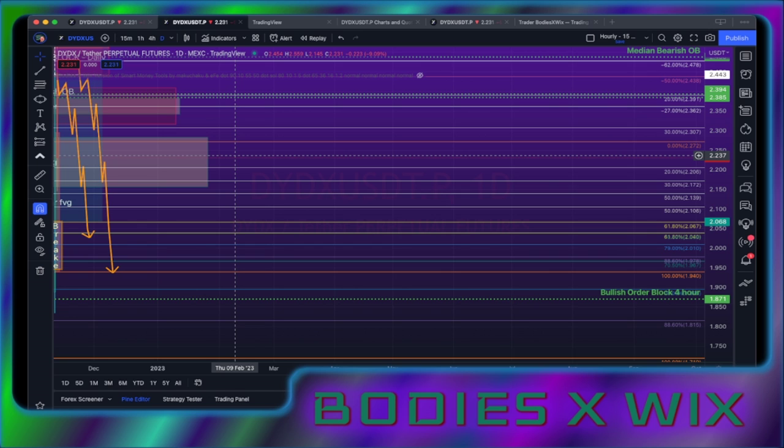The periwinkle-colored outline is where the 1-hour fair value gap is. You can see that it touched the 1-hour fair value gap. It didn't close inside of it, it just went inside of it. And after that, when it first started coming down, that is when I entered the trade.